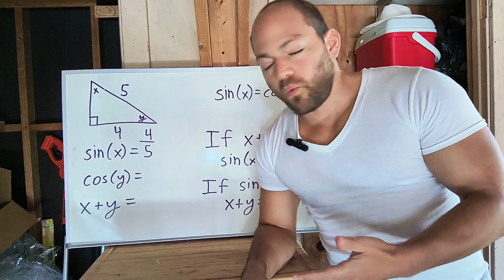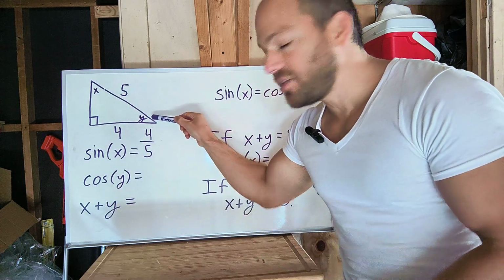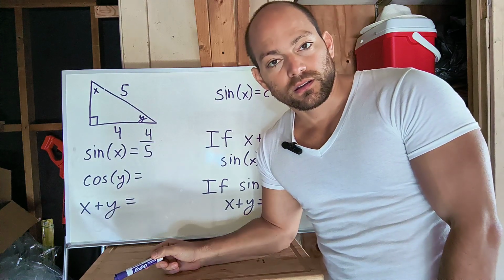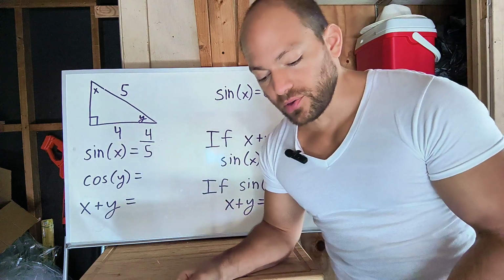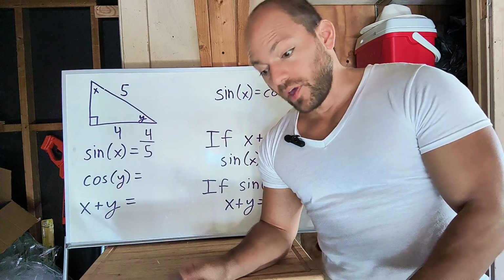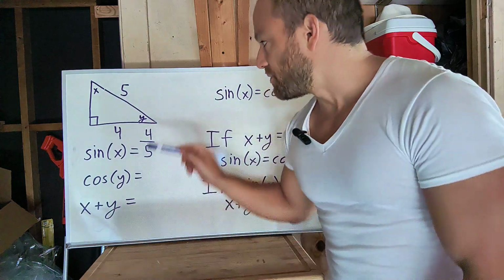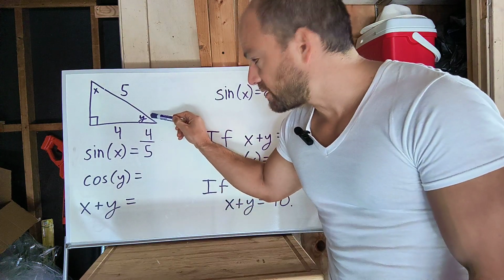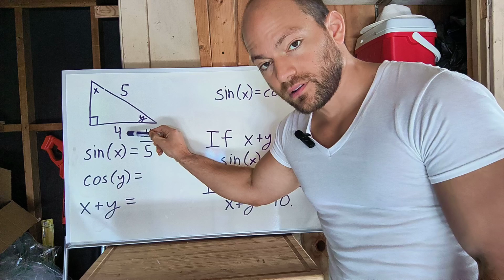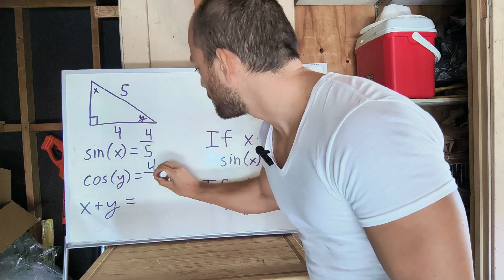Now, tell me what the cosine of the other angle, angle y, is. Cosine is adjacent over hypotenuse, right? That's what your best friend SOHCAHTOA says. So the adjacent side to this angle, the side touching it, is 4, over the hypotenuse, 5. So once again, 4 over 5.